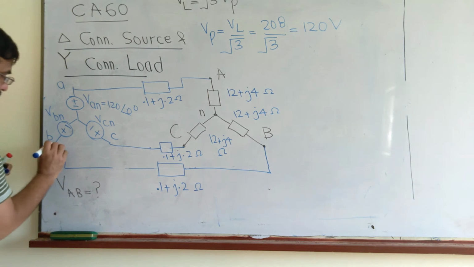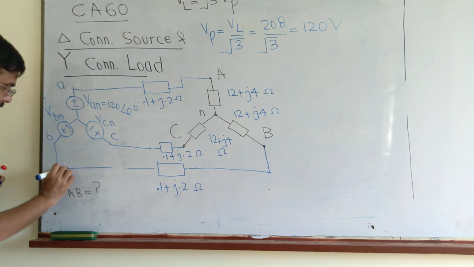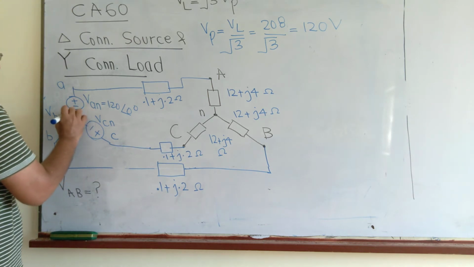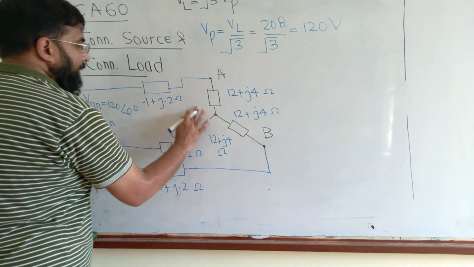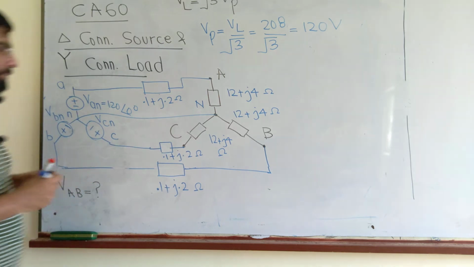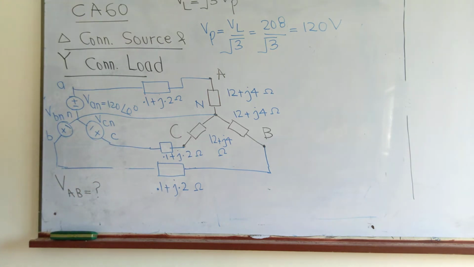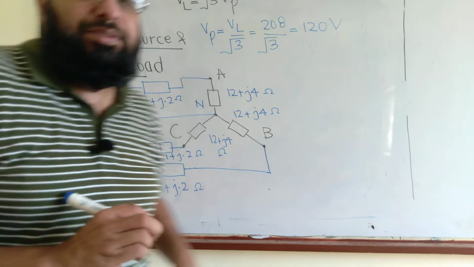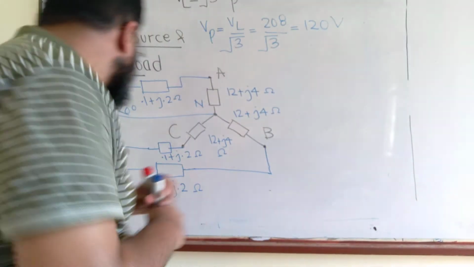Now we connect these, and there is a neutral here and a capital N neutral here. We connect these neutral lines too. So now we can make per phase calculations, which are easier to make.